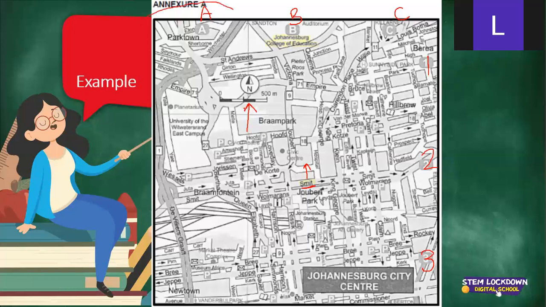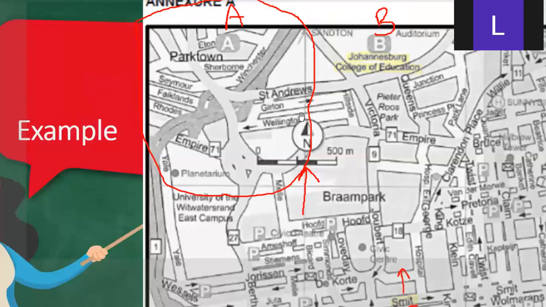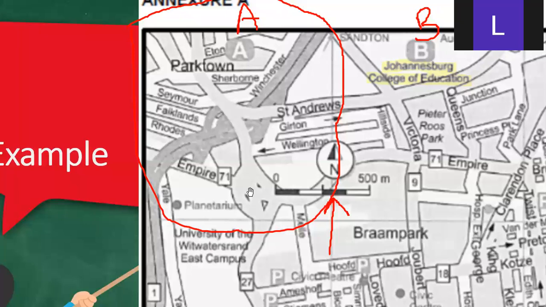We're looking for a street that flows in a westerly direction. Which street flows in a westerly direction on A1?